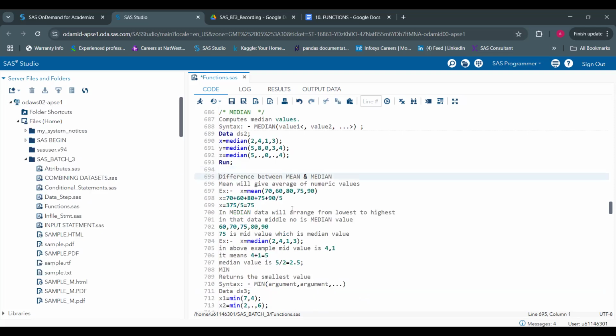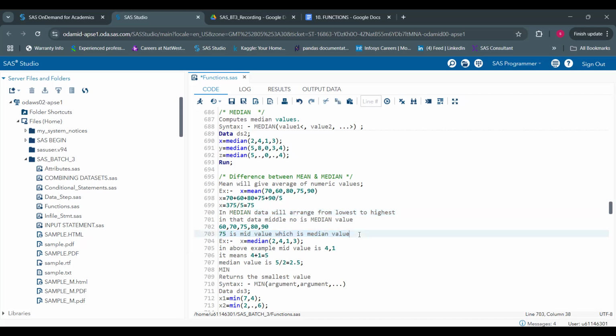Next one: the difference between mean and median. Mean will give the average of the numeric values, which is 75. And in median, the data will be arranged from lowest to highest, and the middle number in the data is the median value, which is 75.